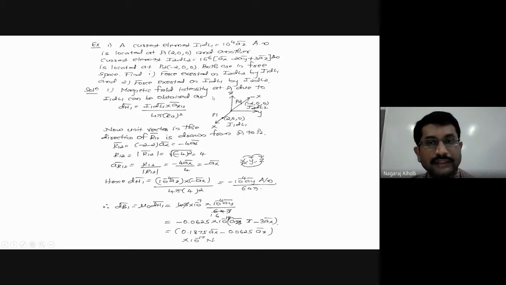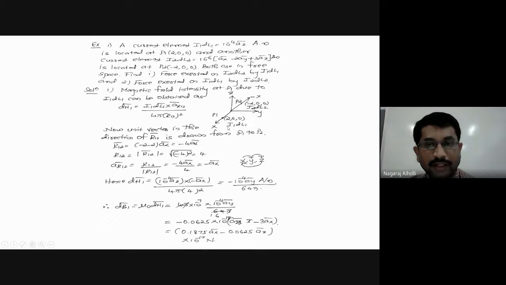First, the magnetic field intensity at P2 due to I1 DL1 we have to find out. It is given by the equation dH1 bar is equal to I1 DL1 into AR12 bar divided by 4 pi R12 square.